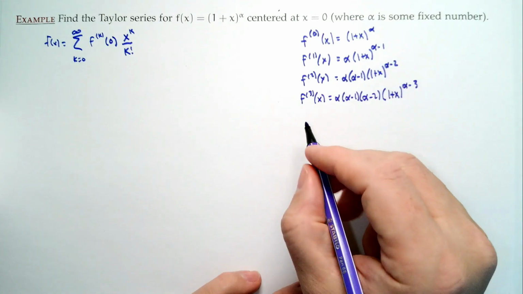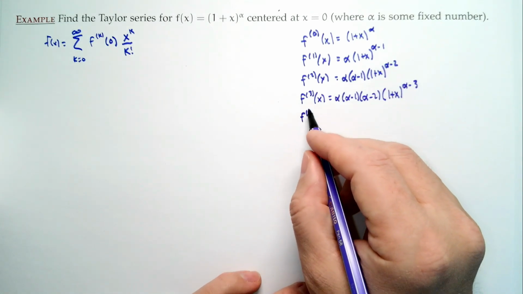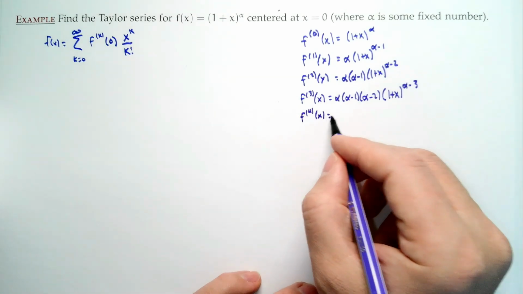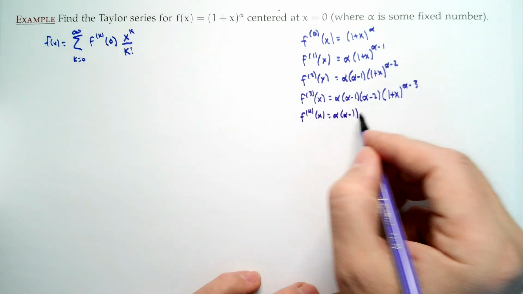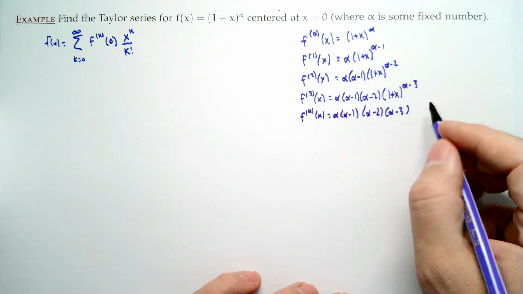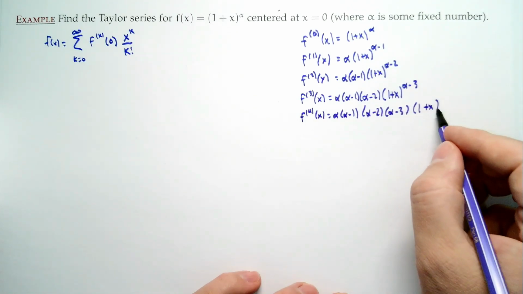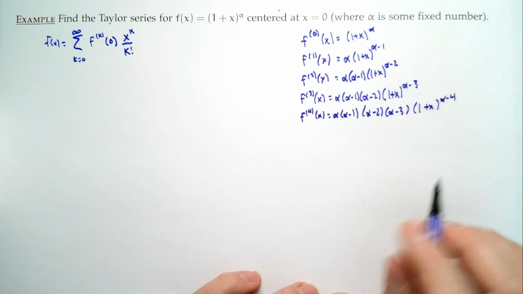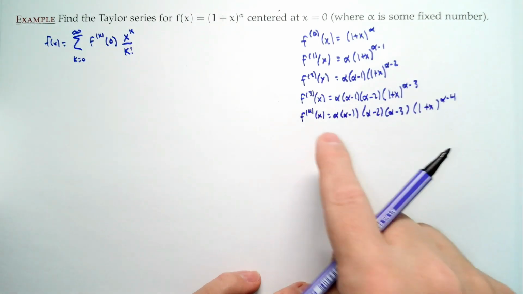There seems to be a pattern here. f4 of x is alpha, alpha minus 1, alpha minus 2, alpha minus 3, times 1 plus x to the alpha minus 4.